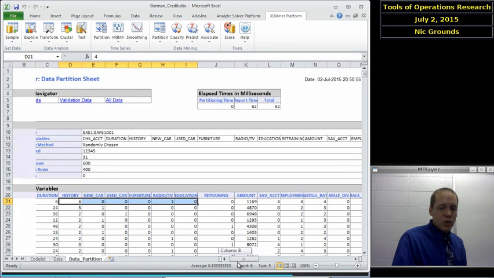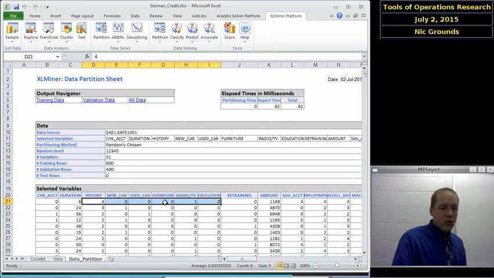Even the ones that theoretically are categorical, like whether they are getting the loan for a new car or not a new car, it's already encoded as a 0 or a 1 as opposed to yes and no. So those are already numeric in the sense that they're numbered values for those categories, and so there's no transformation necessary.